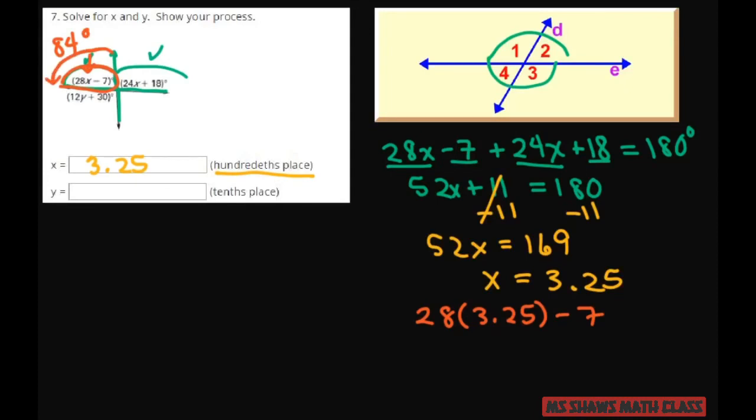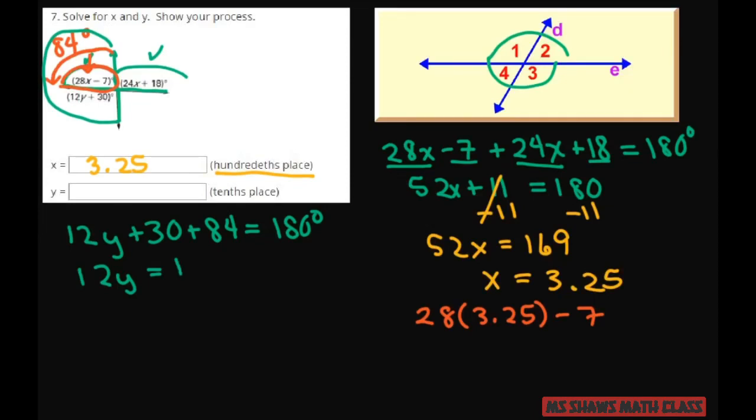All right. Now, to get our y, these two angles have to equal 180. So we're going to take 12y plus 30 plus 84 equals 180. So 12y plus 104 equals 180. 180 minus 104 is 66.